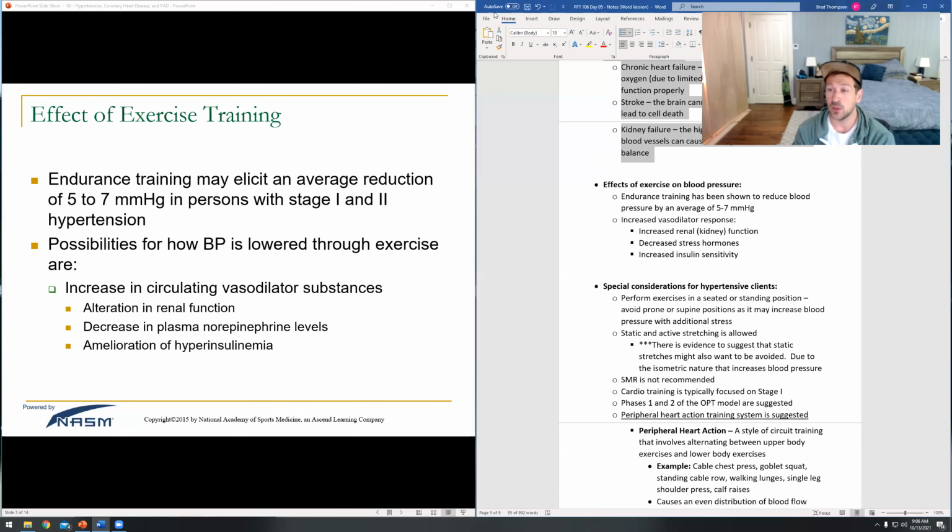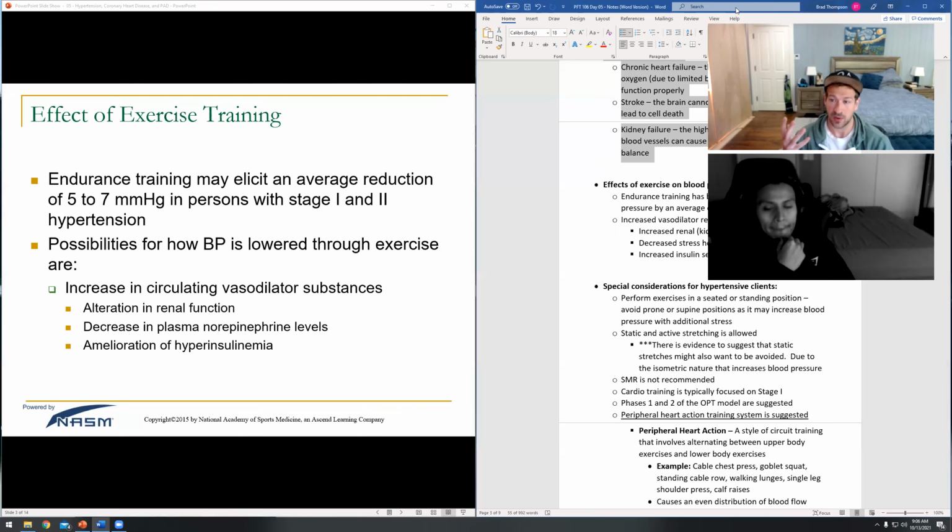So you will actually see an increased vasodilation response in response to exercise. Vasodilation is just a fancy way of saying your blood vessels are opening up. So it's your blood vessels dilating, right? That's vasodilation.